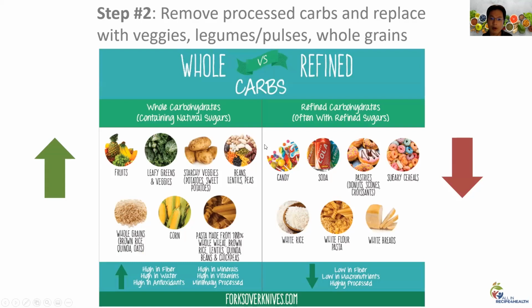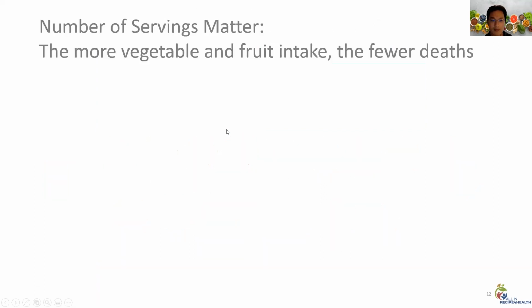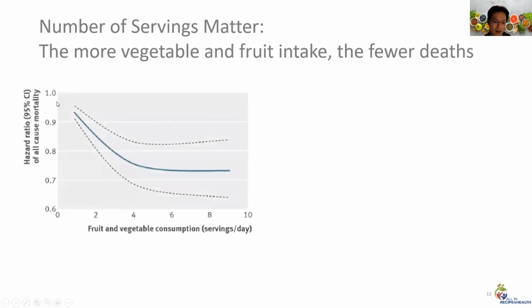So as part of our layered approach to learning and revisiting key steps so that you can hardwire this in your brain, I'm going to add a little more data and information. So for the second step, the number of servings actually matters. The more vegetable and fruit intake, the fewer deaths. This is an important graph that shows that.